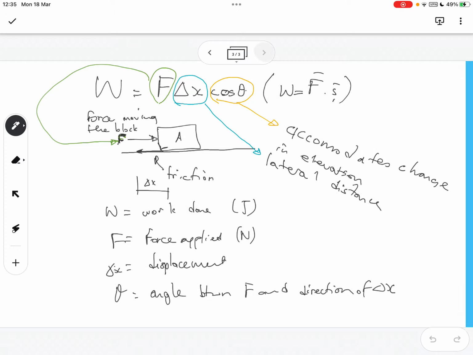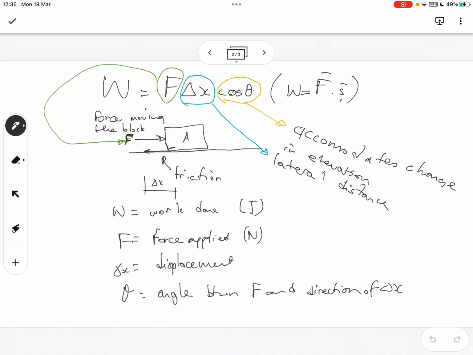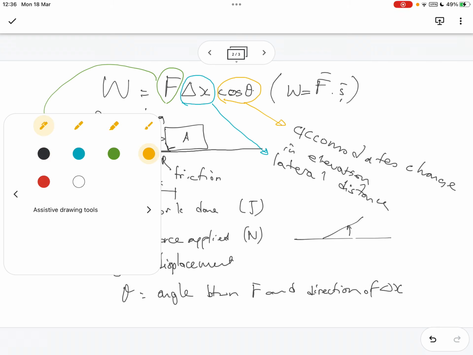That's simply something that looks like this. That would be theta, in yellow.